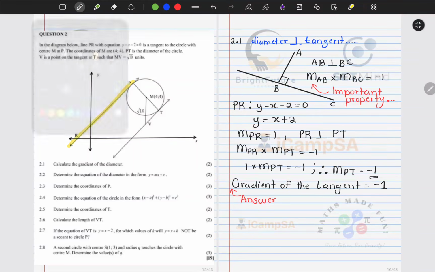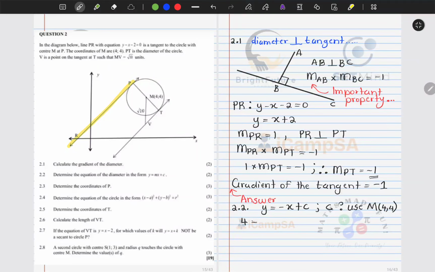Okay, next, let's go and have a look at 2.2. With 2.2, we're required to determine the equation of the diameter. So we know that the equation of the diameter is y equals negative x plus c, because m, the gradient, is negative 1. Now we need to figure out what c is. To find c, we're going to use the coordinates of M, which are 4 and 4.